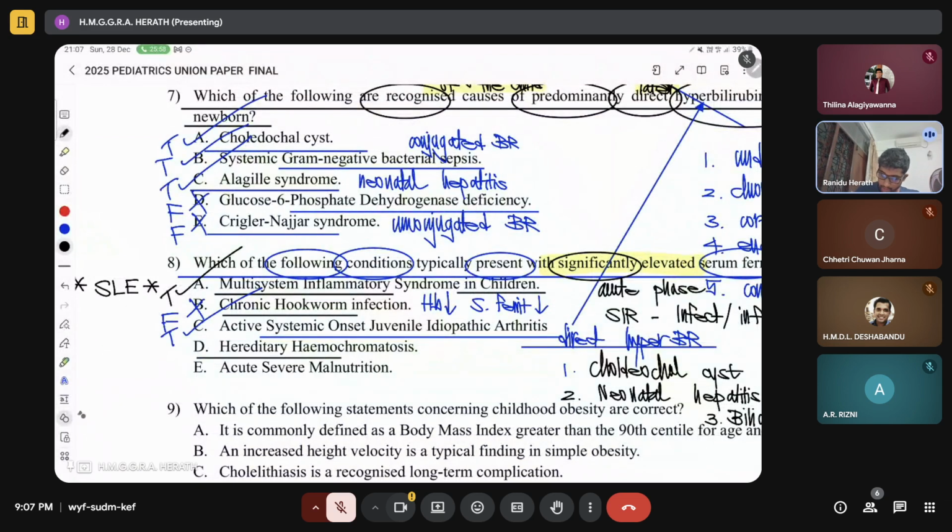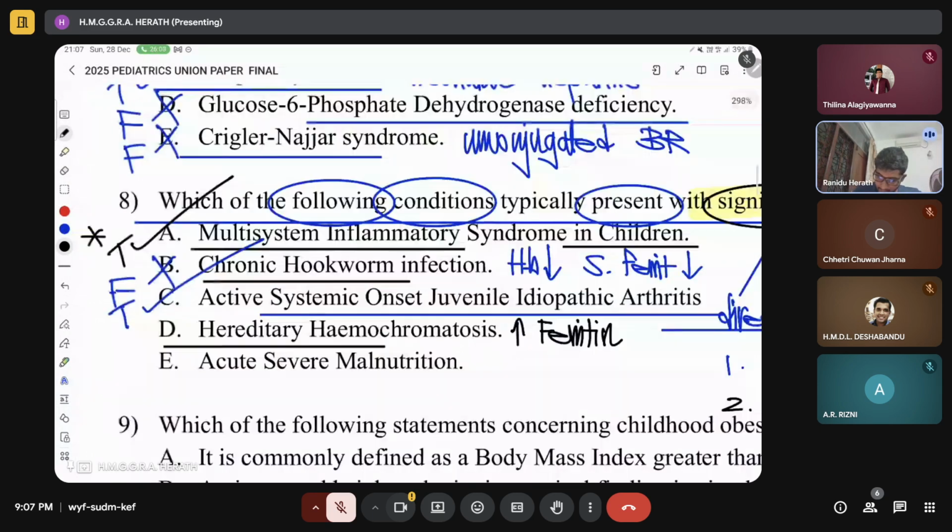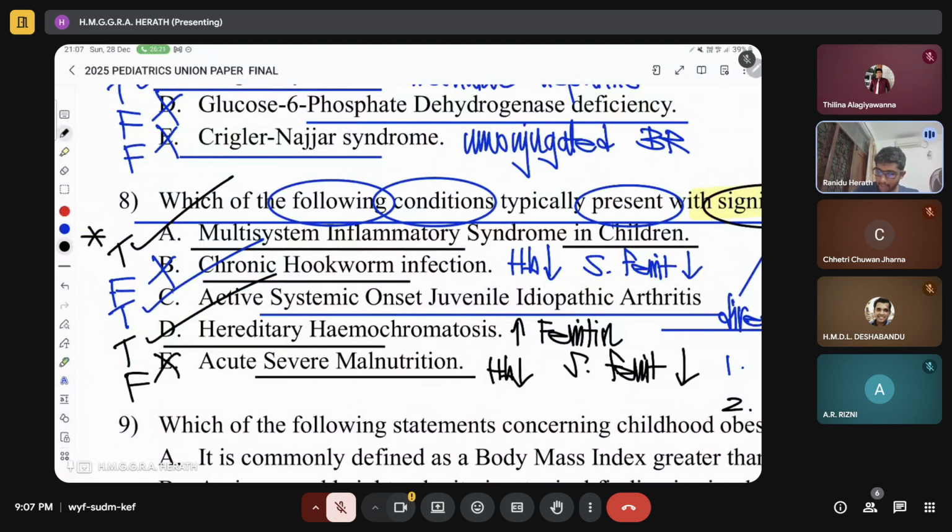Hereditary hemochromatosis. In hereditary hemochromatosis, there is increased iron deposition in the tissue. Serum ferritin is the molecule which stores iron inside tissues, so serum ferritin levels are increased. Acute severe malnutrition. In acute severe malnutrition, there is likely to be anemia and serum ferritin levels are likely to be decreased. Right?